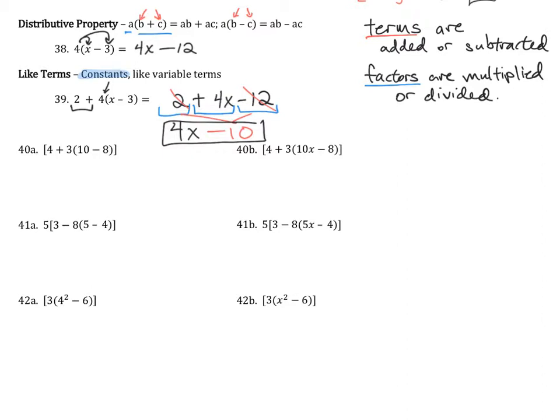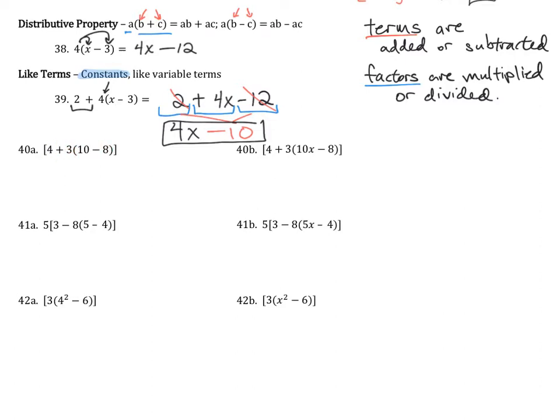So the rest of these examples are just that, practice distributing. So I'm going to do 40A, 40B, and I will let you guys try the rest of them. So let's see, with 40A, you notice we don't really need to even use the distributive property here, do we? We can just go through and simplify 10 minus 8, and then multiply it by 3, and then add 4, and we're done.